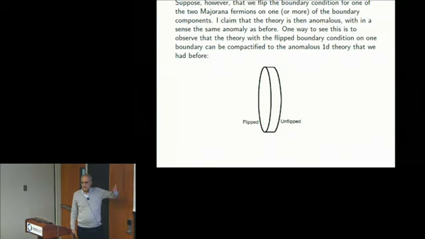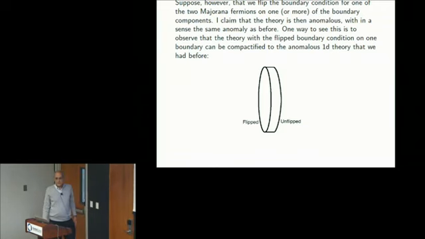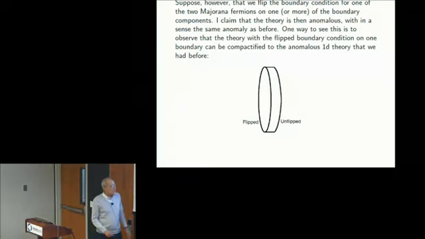The annulus has a flat metric, so it makes sense to say that a fermion is constant relative to that metric. If you want to look for a constant mode that satisfies the boundary condition on the left and on the right, that'll work for one of the two fermions and not for the other because of the way the boundary conditions were flipped.